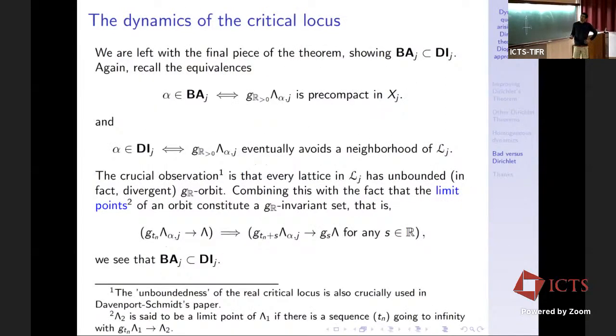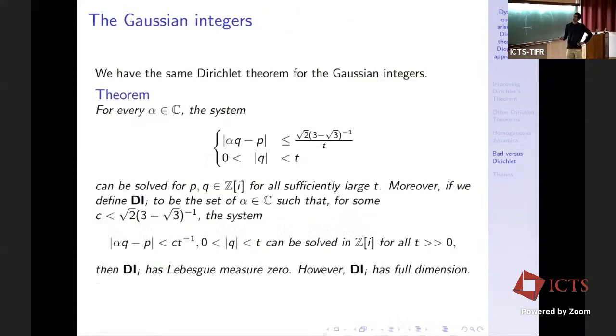Okay. So I've shown you this beautiful Dirichlet theorem for the Eisenstein integers. Now I'm going to show you the scuffed version of Dirichlet's theorem for the Gaussian integers. Of course you can ask for an uncountable number of Dirichlet theorems. But here's the Dirichlet theorem for the Gaussian integers.